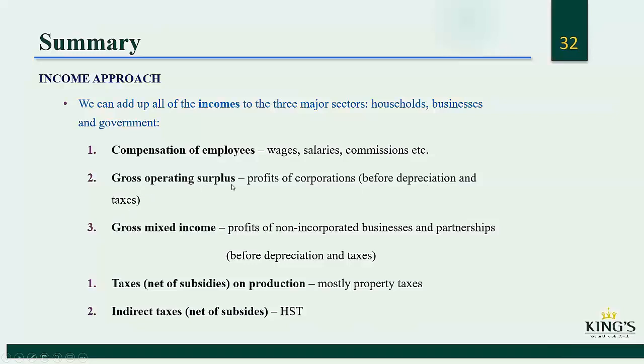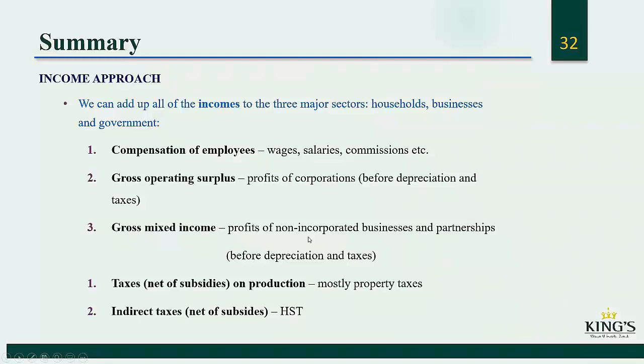This is actually before depreciation and taxes. Where we have gross operating surplus, then we don't need to add back depreciation because this number has it included. It wasn't subtracted off. But if we're just told companies' net income or net operating surplus, then we would need to add back the depreciation.